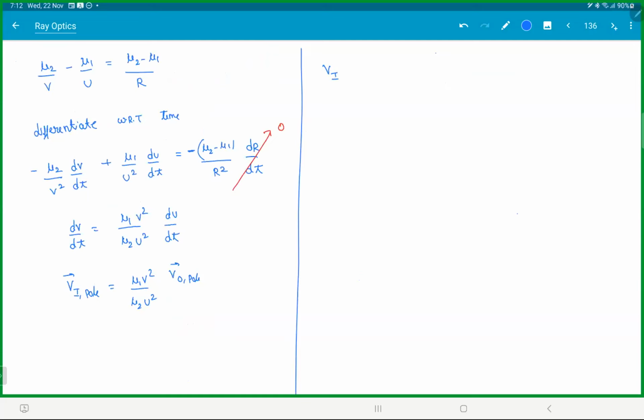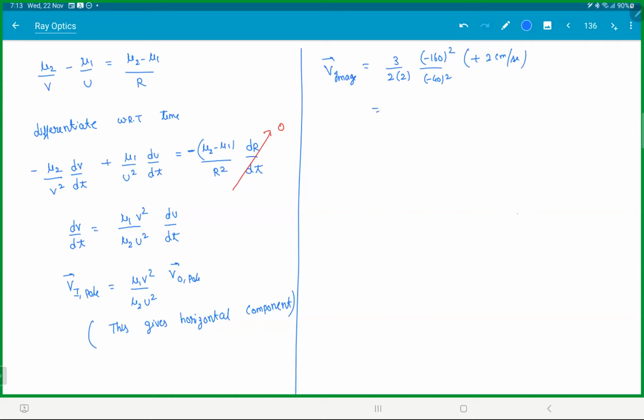So the velocity of the image, but remember this only gives you the horizontal component, or the component along the principal axis. mu1 is 3 by 2, mu2 is 2, v is minus 160 whole square, minus 40 square, and the object is going with 2 centimeter per second.